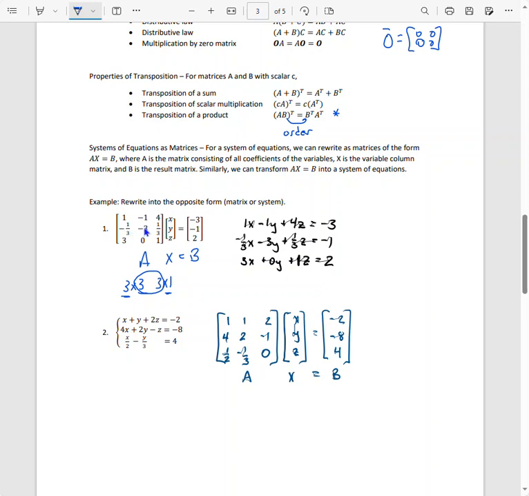Negative 1/3 X minus 3Y plus 1/3 Z equals negative 1. And 3 times X plus 0 times Y plus 1 times Z equals 2. It's up to you whether or not you write that 0Y. I write it just so we can see that it doesn't, quote, disappear. But we can get lazy and not deal with it later, right?